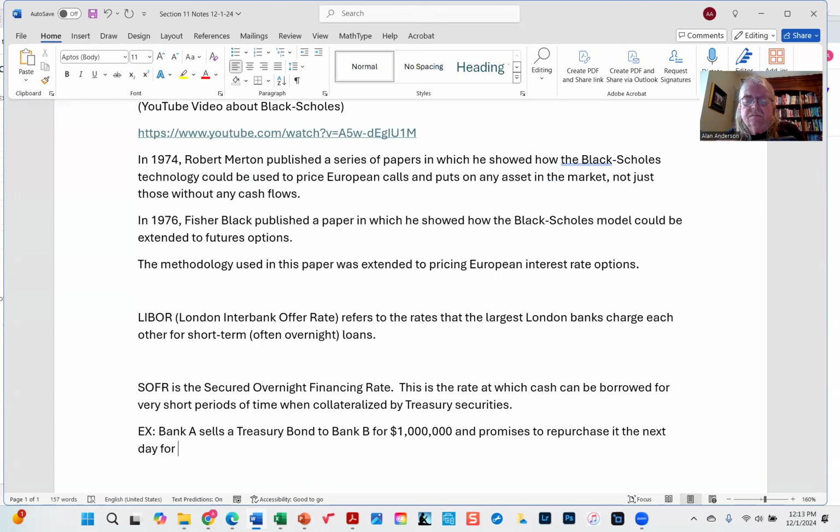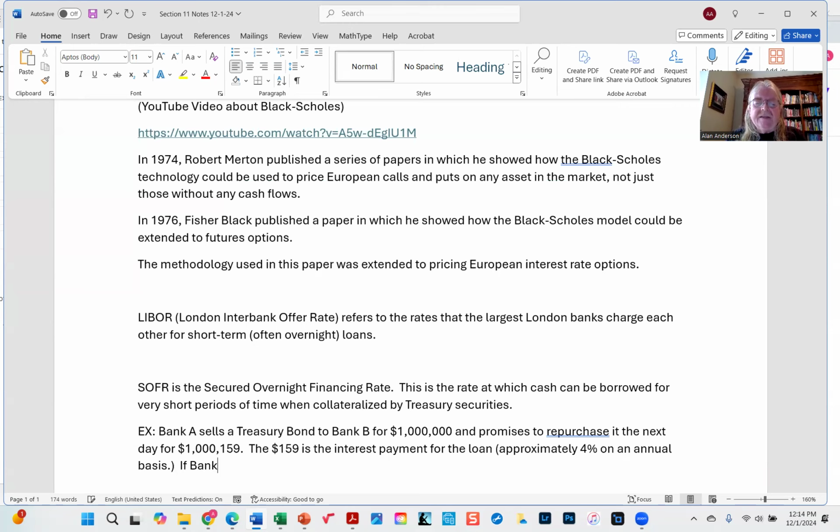For one day, let's say you're promising to pay back $1,000,159. Okay, fine. So the implied interest rate, the $159 is the interest payment on the loan, approximately 4% on an annual basis.